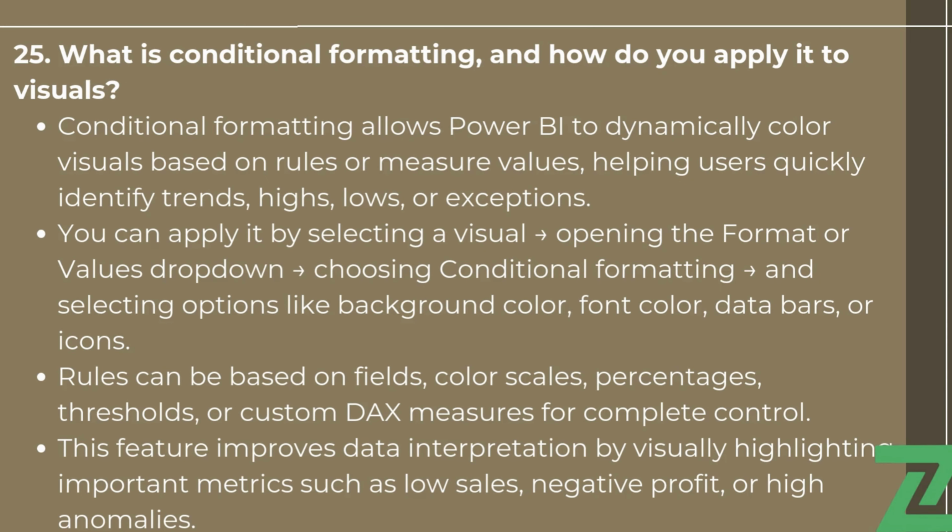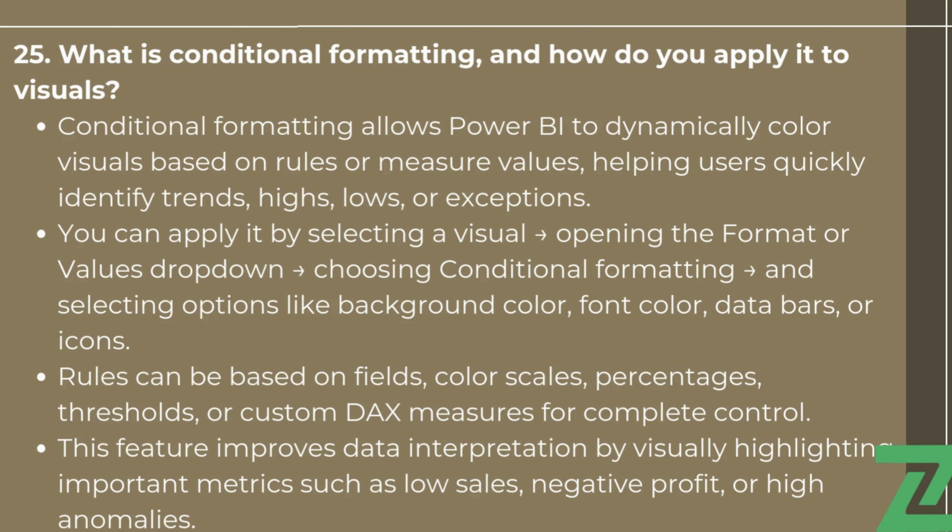25th question. What is conditional formatting, and how do you apply it to visuals? Conditional formatting allows Power BI to dynamically color visuals based on rules or measure values, helping users quickly identify trends, highs, lows, or exceptions.